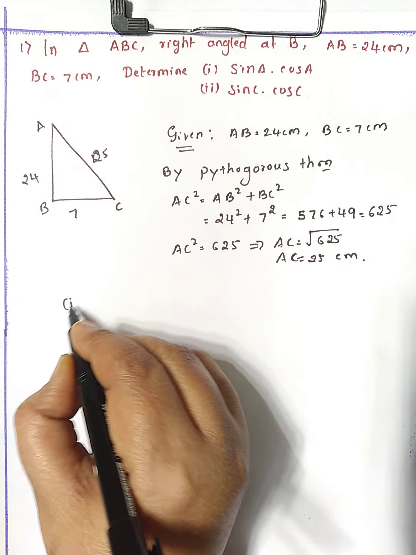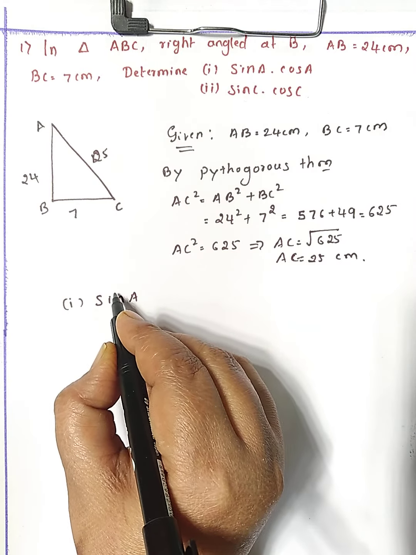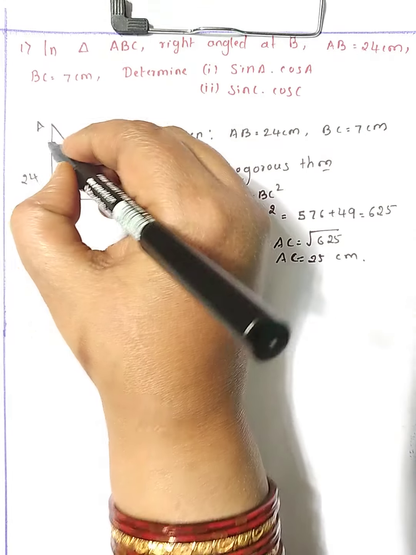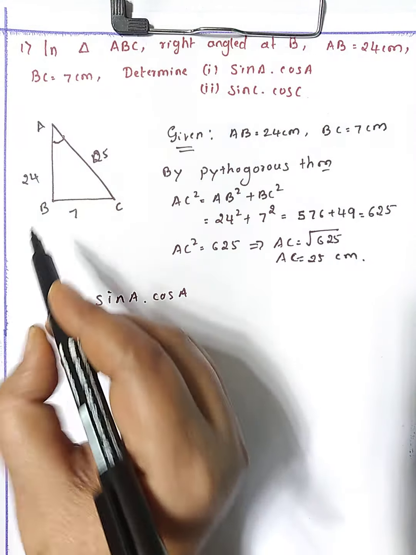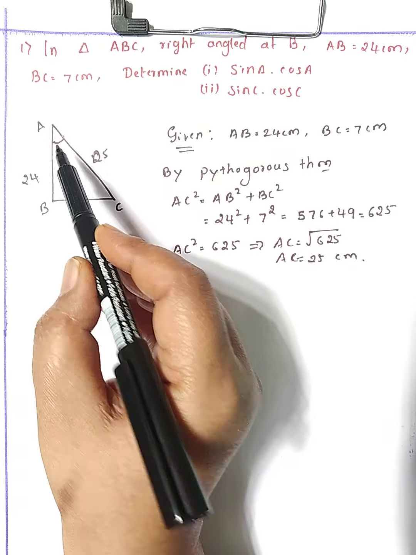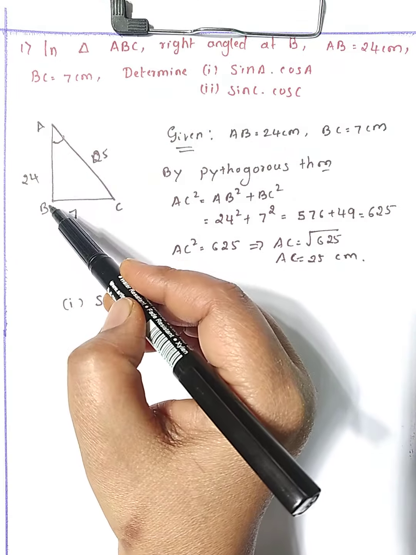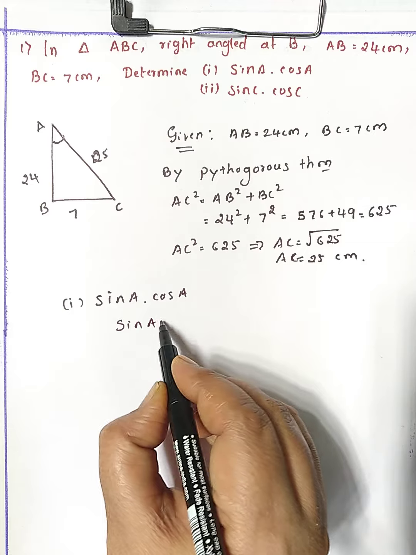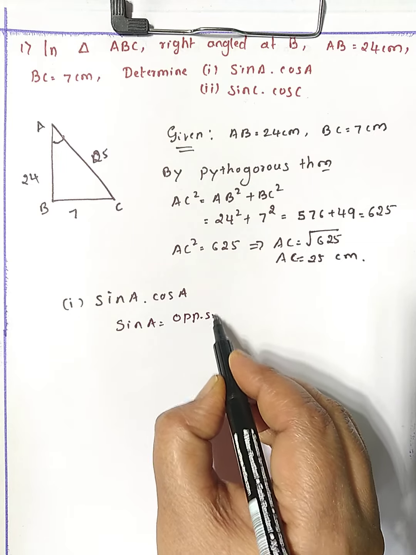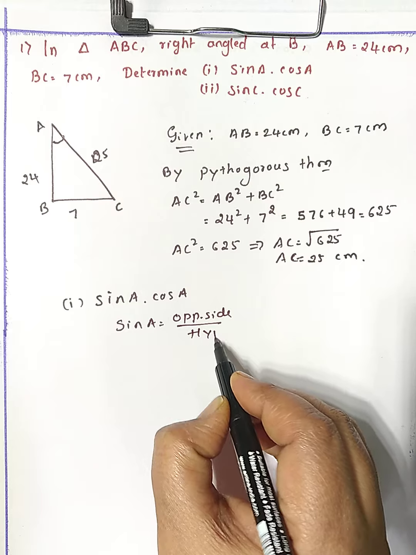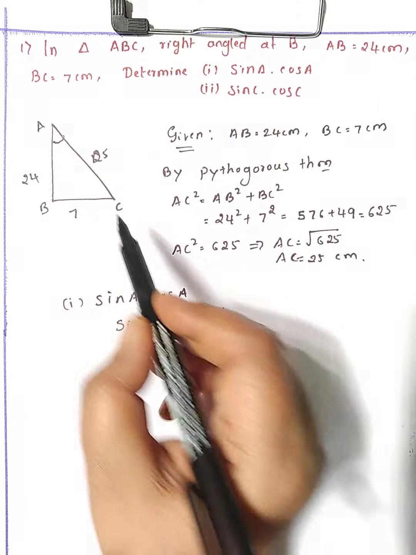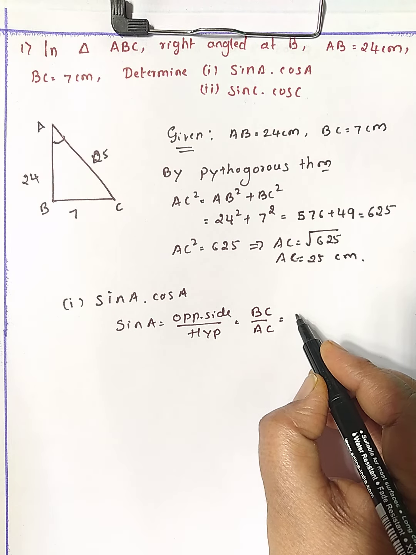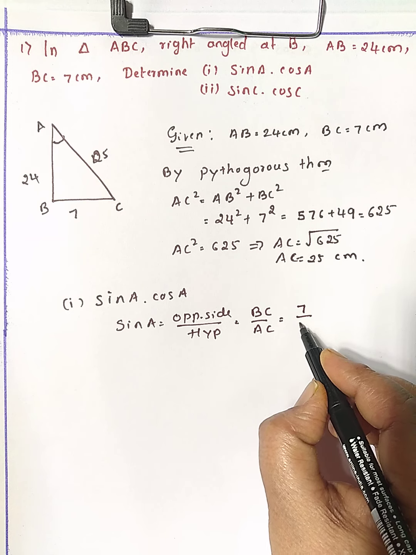The first question is sin A, cos A. For this, with respect to angle A, BC is opposite side of angle A, adjacent is AB, and AC is hypotenuse. So the ratio of sin A is opposite side by hypotenuse. For angle A, opposite side is BC and hypotenuse is AC. BC is 7 by AC is 25.